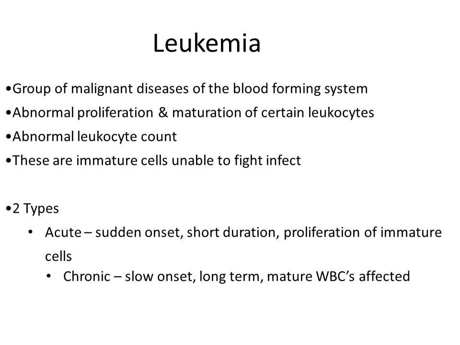So there are two different types. They're commonly classified according to the stem cell line that they come from. So they come from the lymphoid or myeloid cells. Remember, that's what we talked about. So whether it's the lymphoid cells or the myeloid cells, we can classify it as acute or chronic in nature.